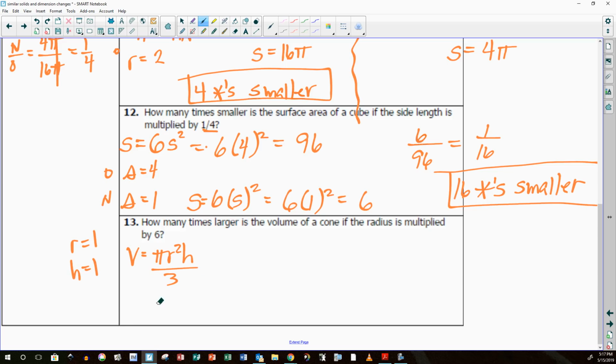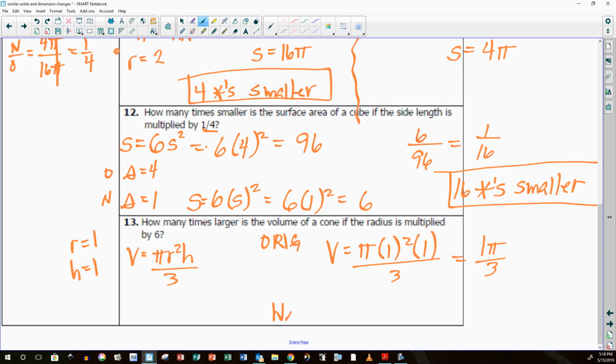So now the original, or the old, would be volume is pi r squared height over 3. So when I go through, I get 1 pi over 3.